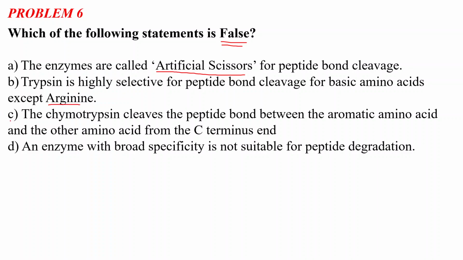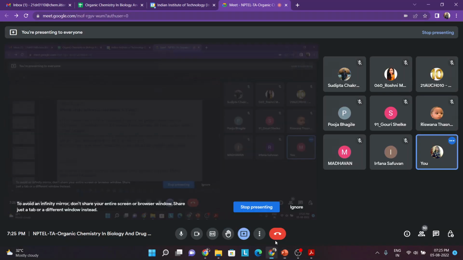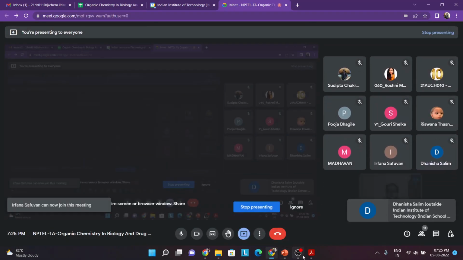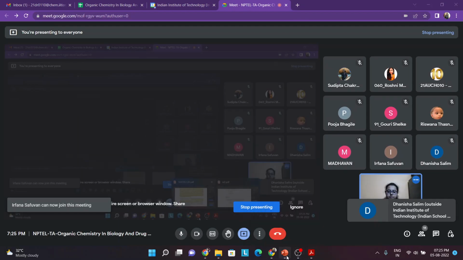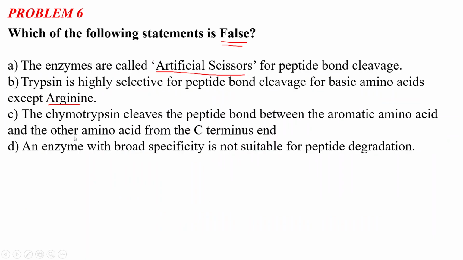Option C says that chymotrypsin cleaves the peptide bond between aromatic amino acid and other amino acid from the C terminus. And an enzyme with broad specificity is not suitable for the peptide degradation.